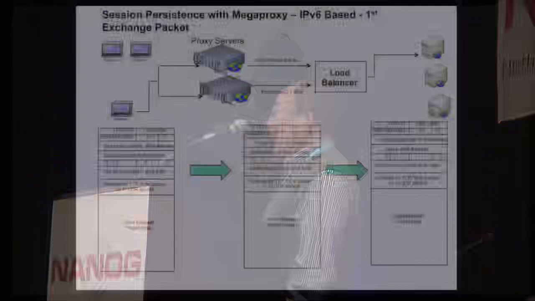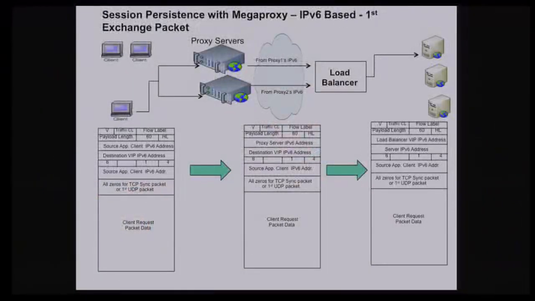Because at this point in time, the destination address of that packet is the VIP address of the load balancer. So the load balancer is a destination. It has the right to examine that destination header. And therefore, whether it's going through proxy 1 or proxy 2, it will go to the same server.